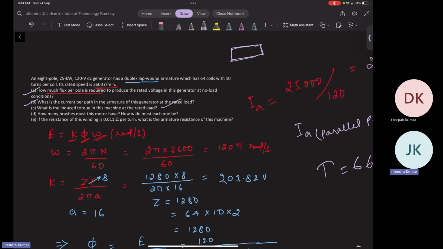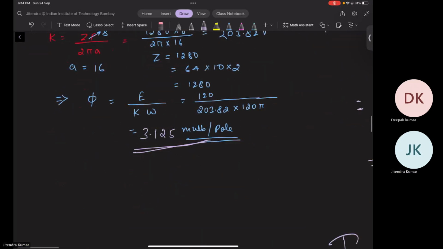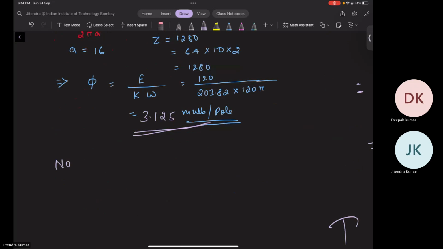In one slot there will be two coils, and with each slot the commutator will be connected, so a single piece of brush would be enough for one side of the coil. Let me write it down for you: the number of brushes is equal to the number of poles in the case of lap wound.